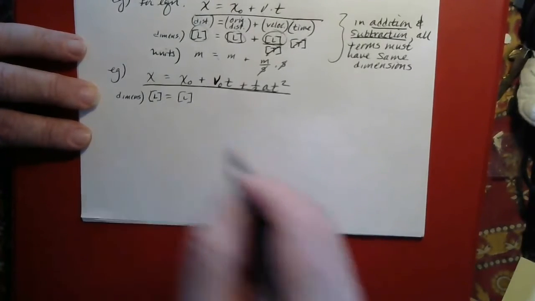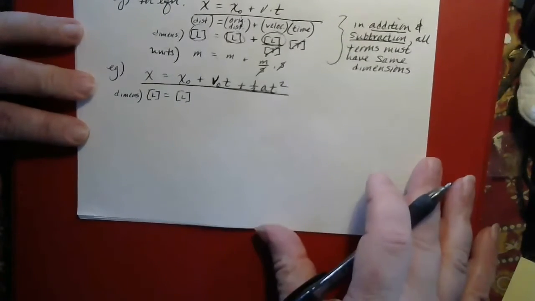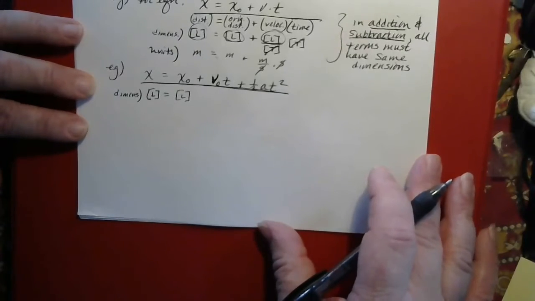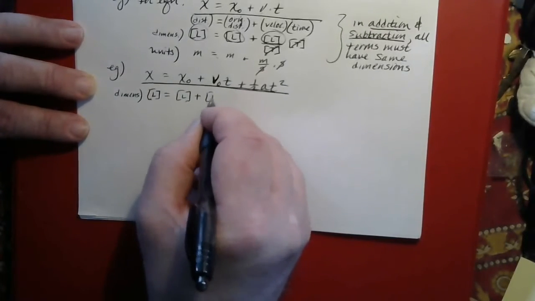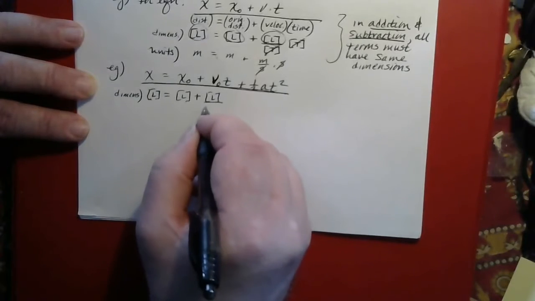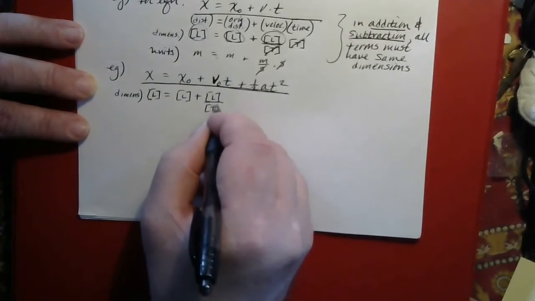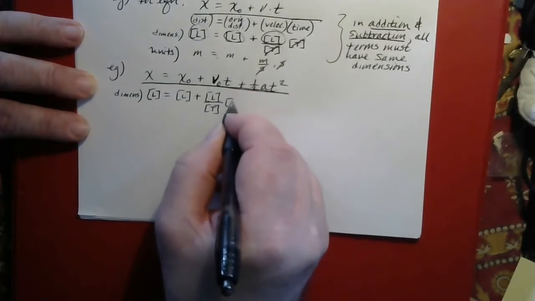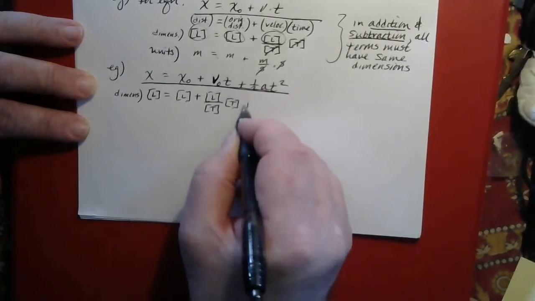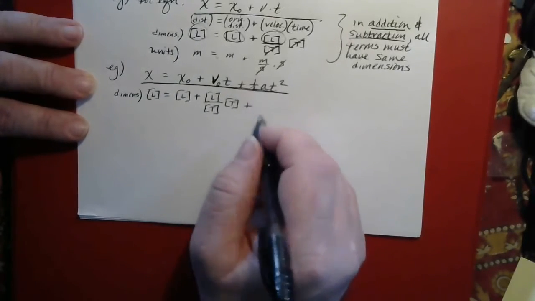X original is also a distance or a position, so that would be units of length, plus velocity, which is units of length or distance divided by time, times time, which is units of time, plus 1/2.